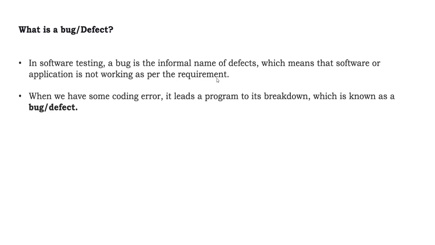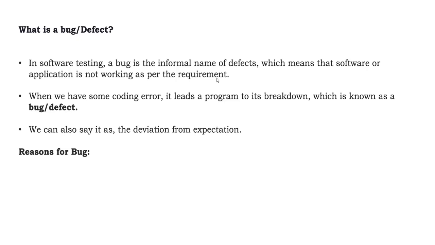If there is any coding defect which is not working as per our expectation, in the sense the required expectation or requirement given, we will be testing against that. So if there is any coding issue, then at that time it causes the defect. We can also say it is a deviation from the expectation.